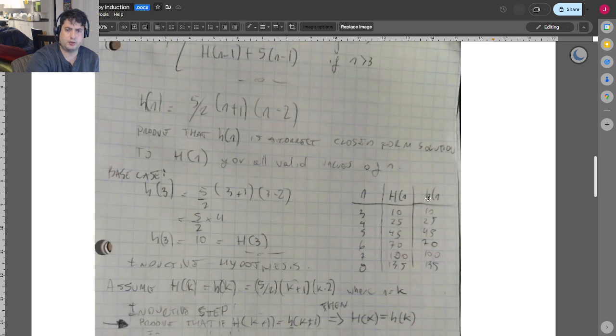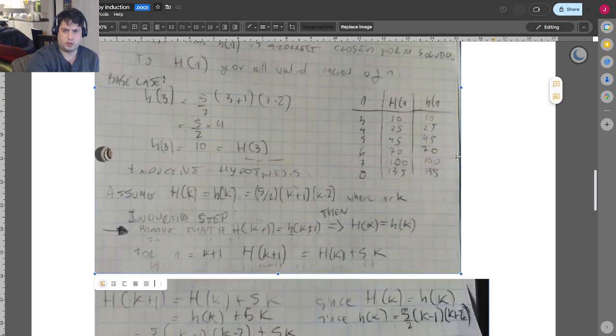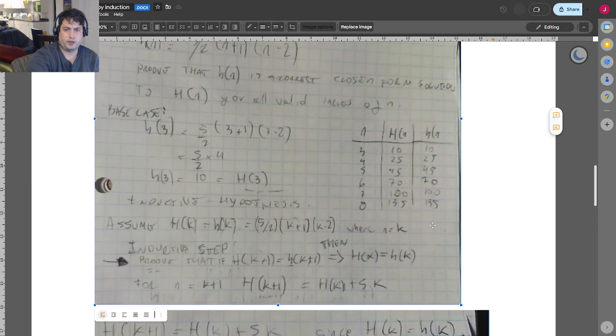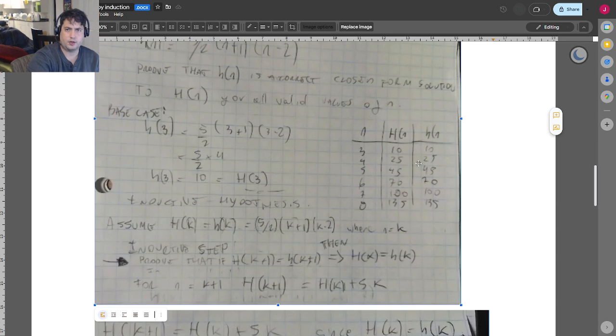And then I made a little table on the side to represent the following 5 values after the base case, which is 3, and they all fit perfectly, so it's working for at least the first 5 numbers. To prove that it's a closed form solution for all values of n, we have to do a proof by induction.